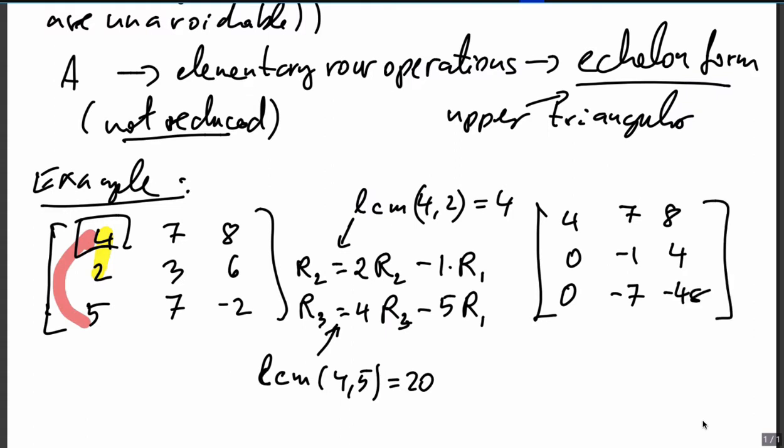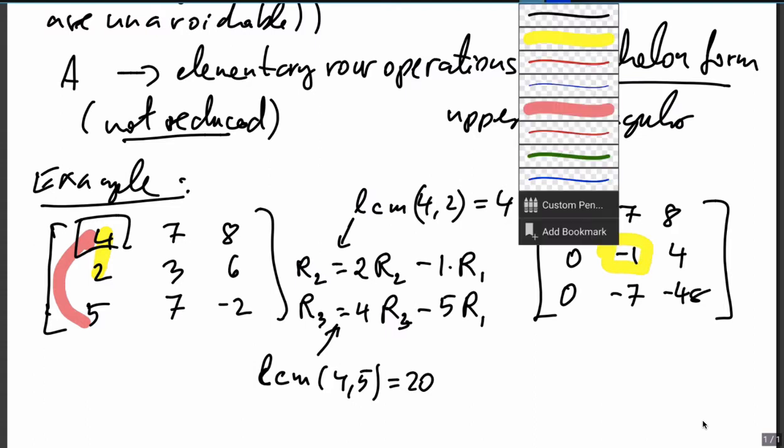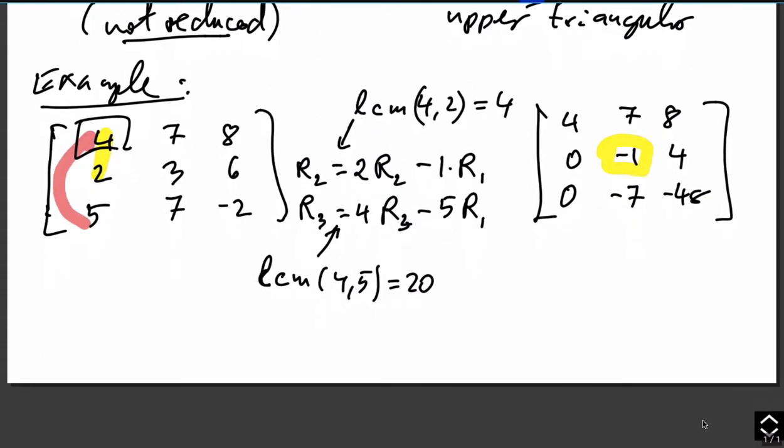Then we continue with the next pivot, the second row, -1. And for row 3, the least common multiple of -1 and -7 is 7, or -7. Well, it's up to you what kind of signs you use.